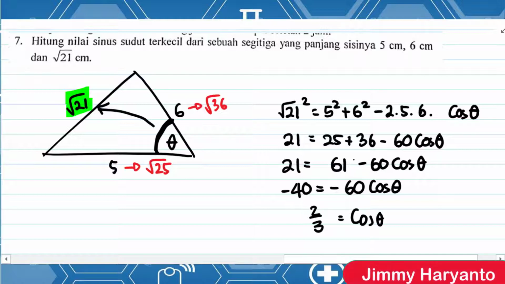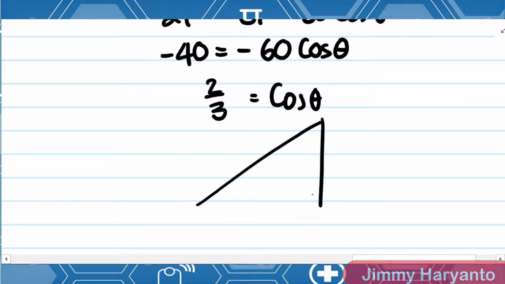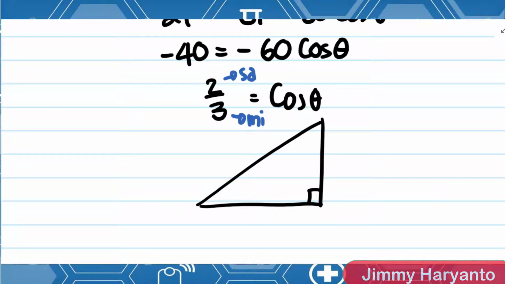After I got cos theta, the question wants us to find sin theta. So I will create a right triangle right here because cos theta is adjacent over hypotenuse. Theta is right here. Adjacent is 2, hypotenuse is 3.